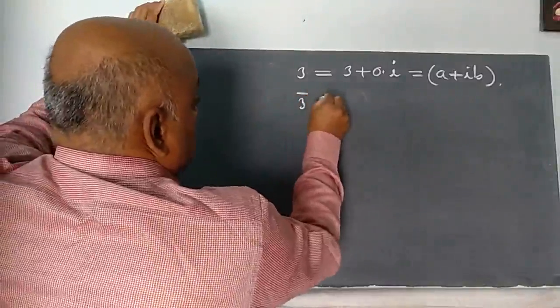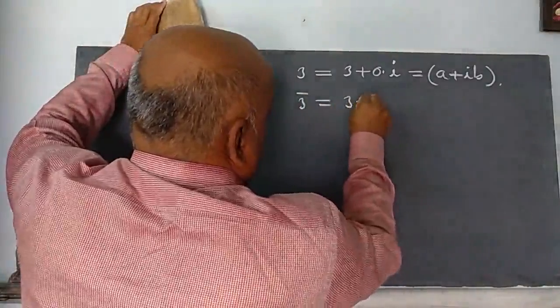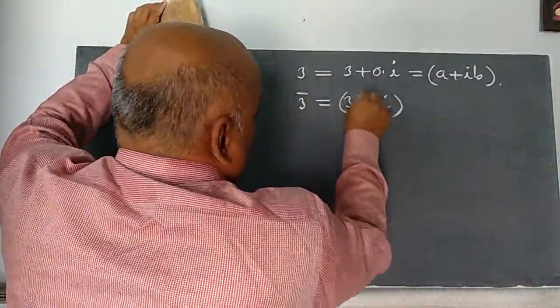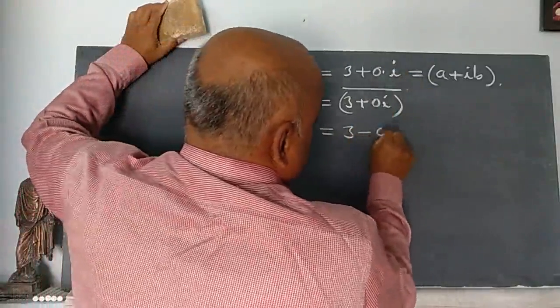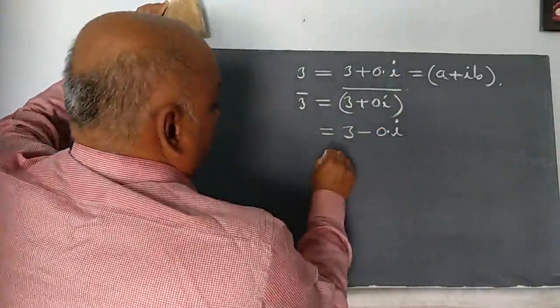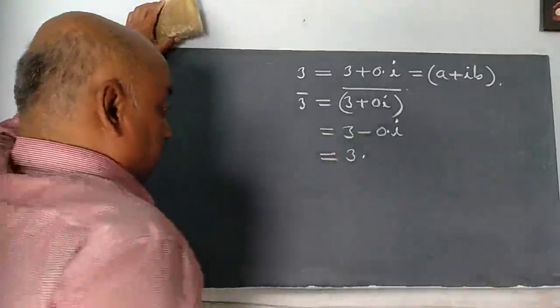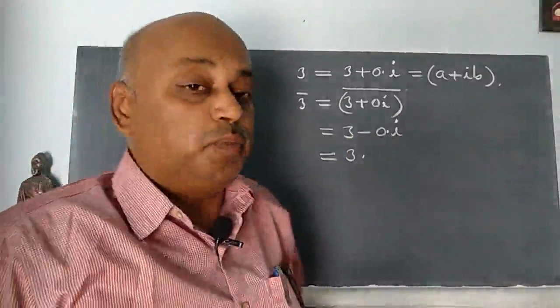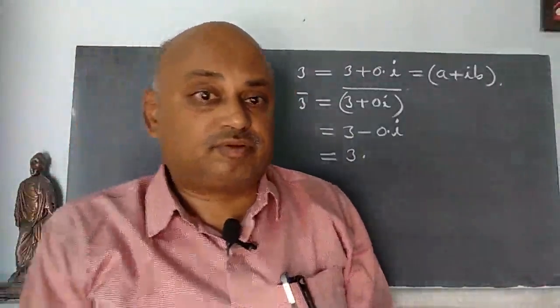So, taking conjugate on both sides, 3 plus 0i whole bar equals 3 minus 0 into i, which on simplification is equal to 3. So, the conjugate of a purely real number is always the number itself.